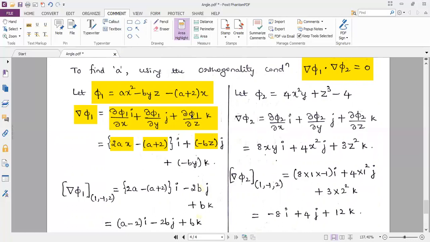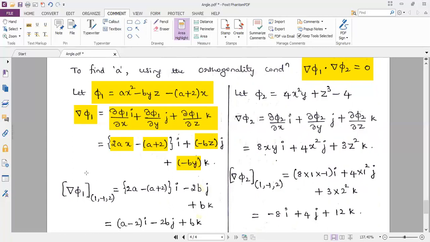The last term is differentiation partially with respect to z. ax² − (a + 2)x is a constant with respect to z, so differentiation is 0. Differentiation of −byz partially with respect to z: −by is a constant, writing it as it is, and differentiation of z is 1. So −by into 1 into k cap.